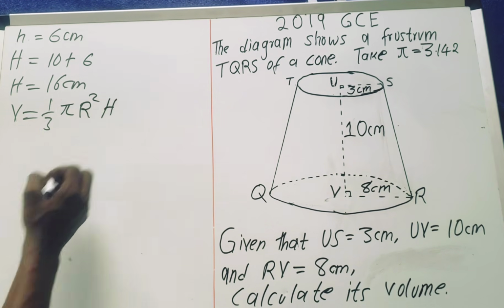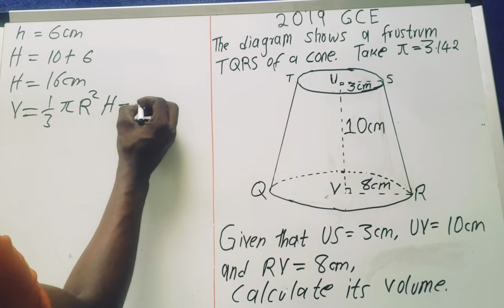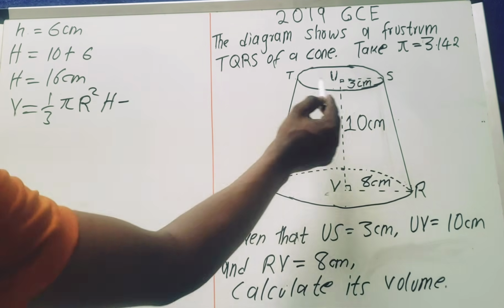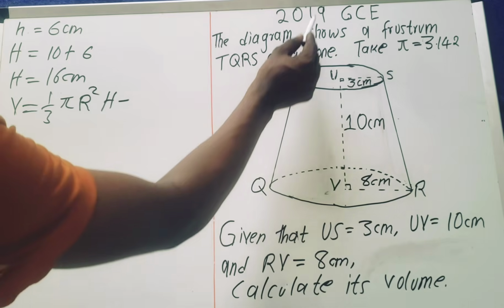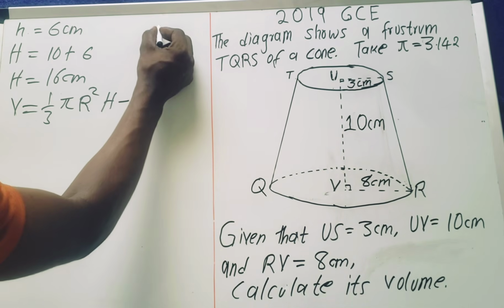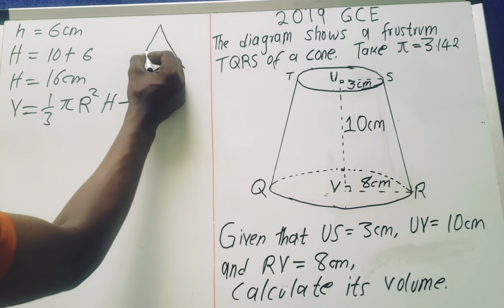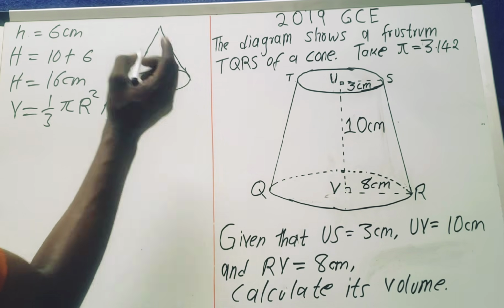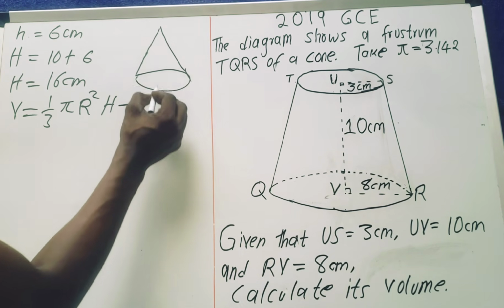Then capital H, minus now the volume of this smaller cone, which was here. So this formula is for the bigger cone, the volume.